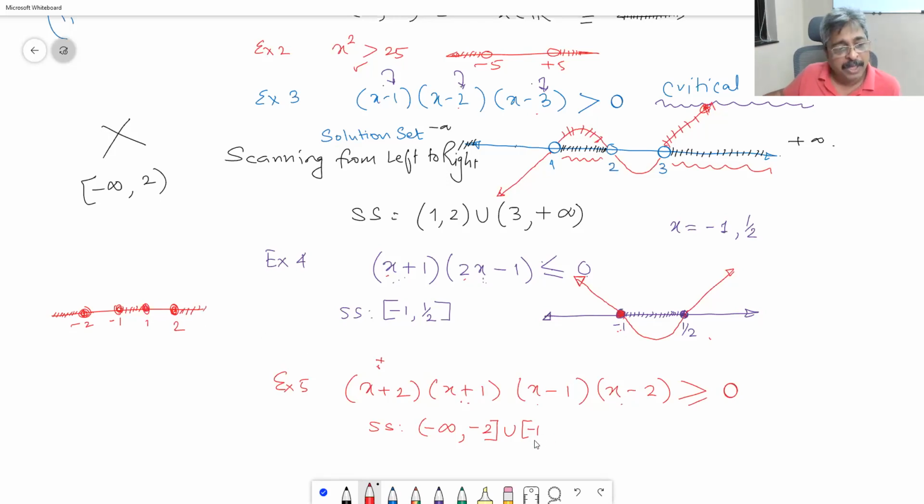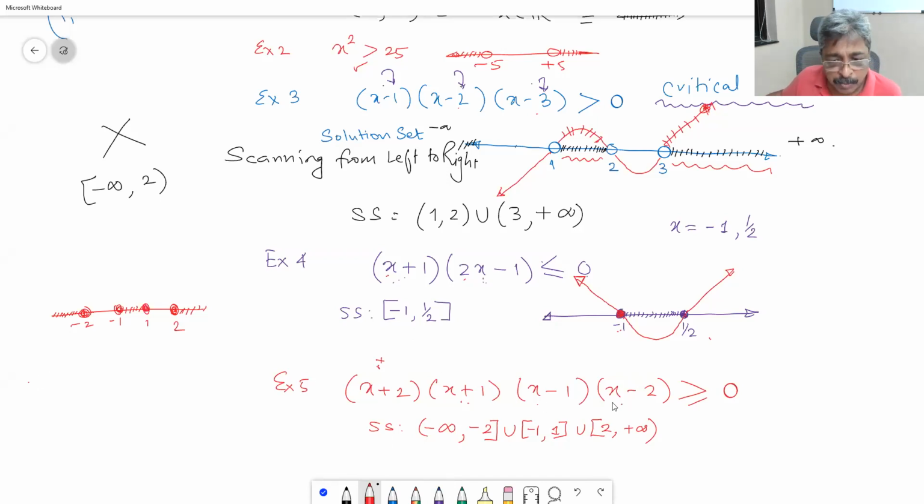Anything after 2, acceptable. So closed interval minus 1 to 1, union closed interval 2 to plus infinity, open. It is that simple. If I want to draw the curve, it starts from minus infinity.